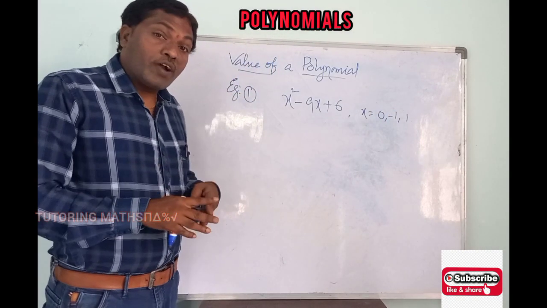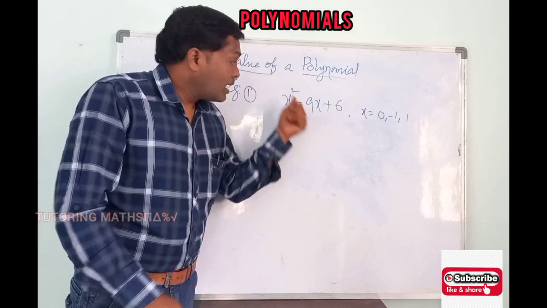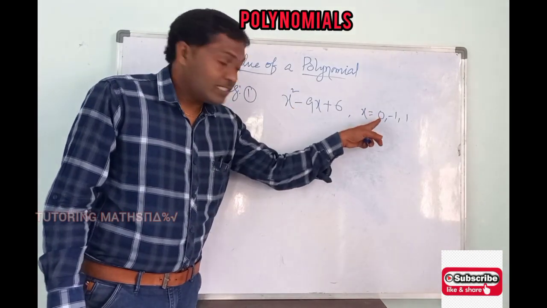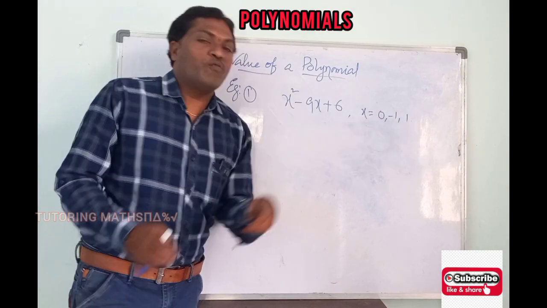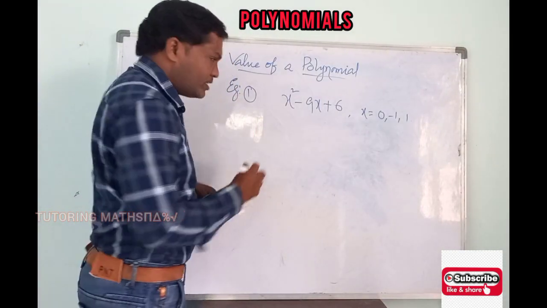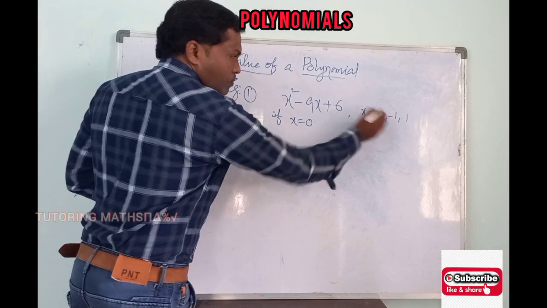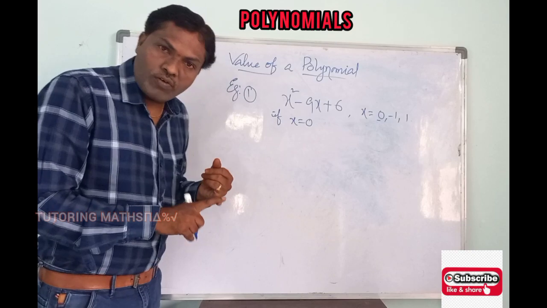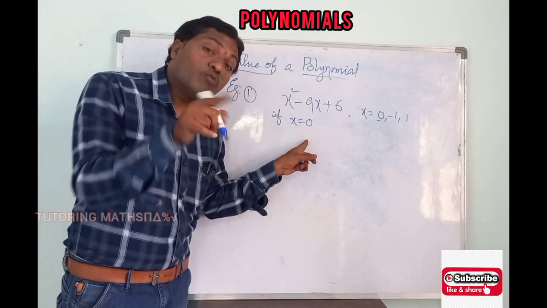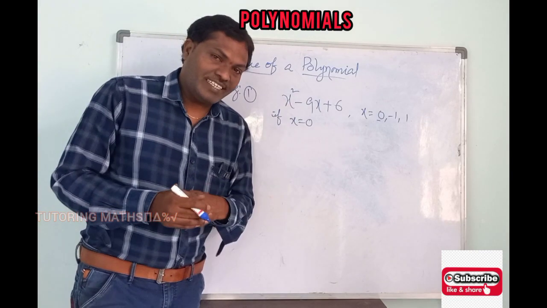Now we are going to find the value of this polynomial when the variable x is 0, minus 1 and 1. So let us take x is equal to 0 first. If x is equal to 0, then what would be the value of this polynomial? That we are going to see.